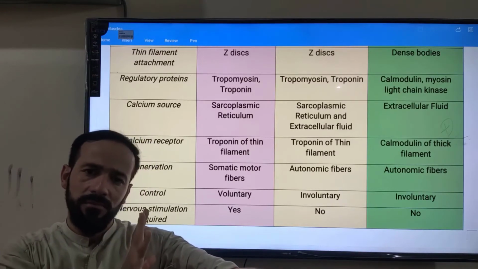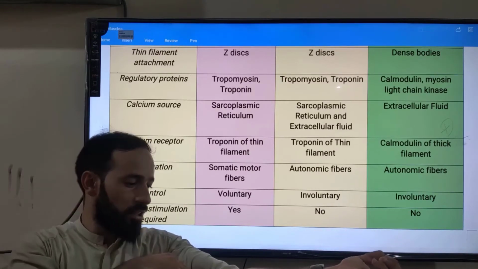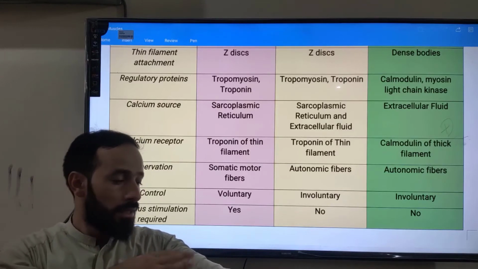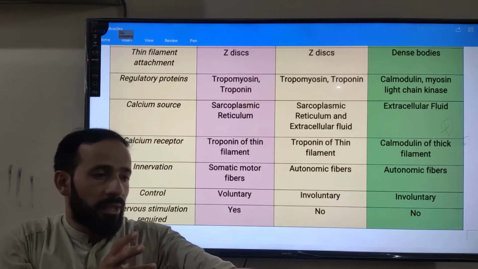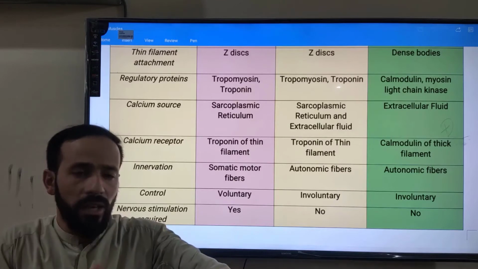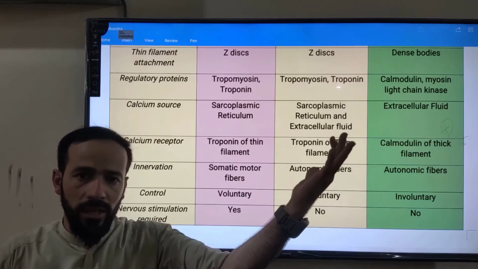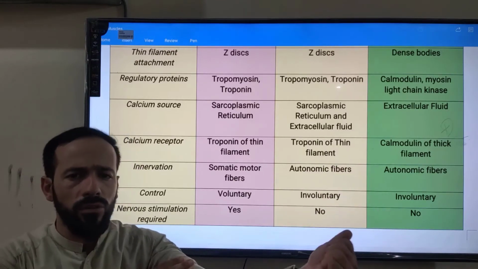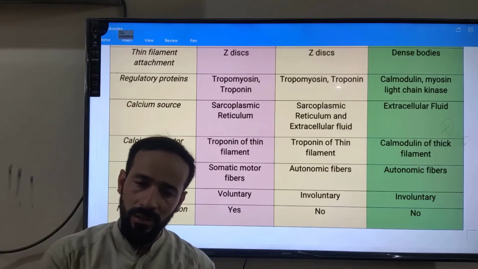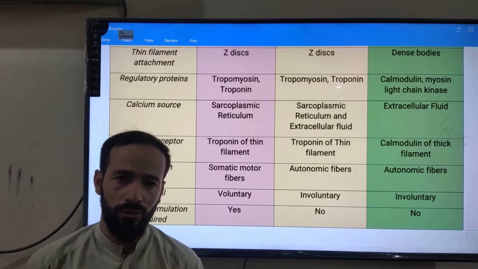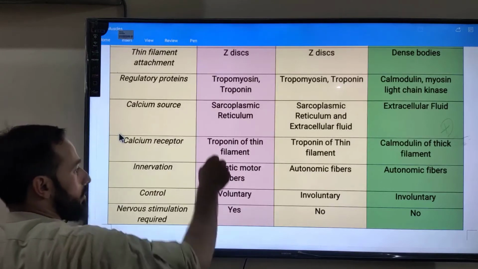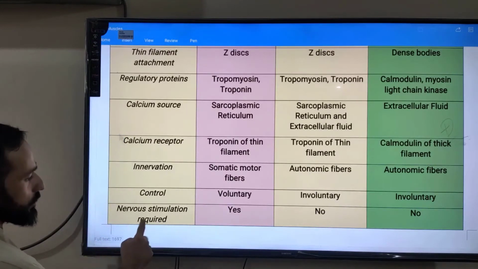The bicep muscle is ready for contraction because the motor fiber has reached here, but I'm not doing any contraction. So this is voluntary, in my control. So skeletal muscles are voluntary and nervous stimulation is required.